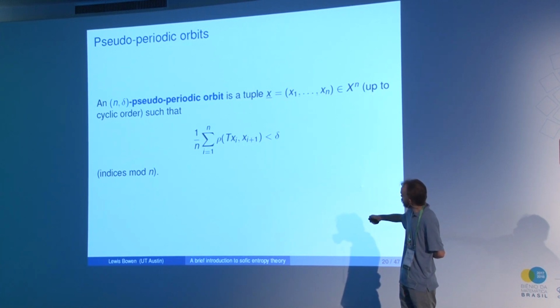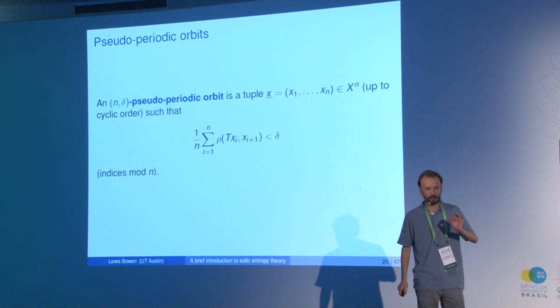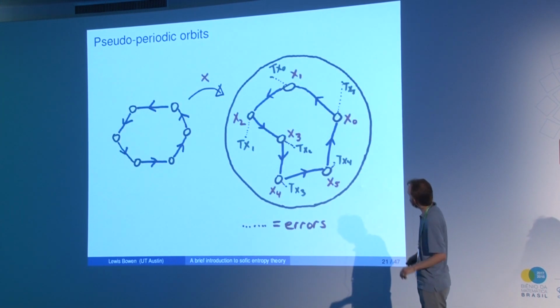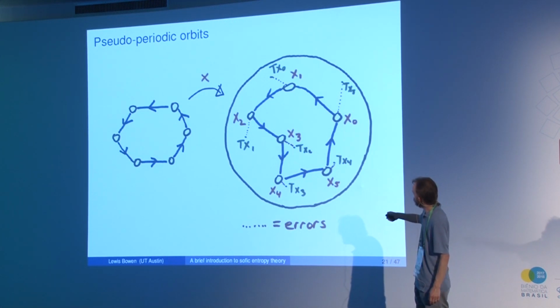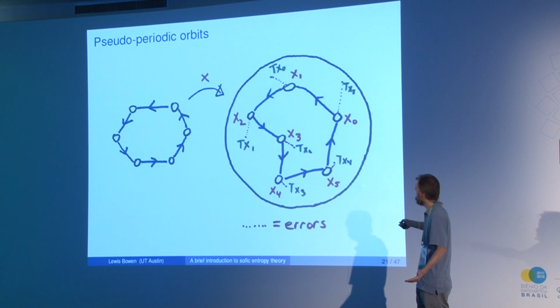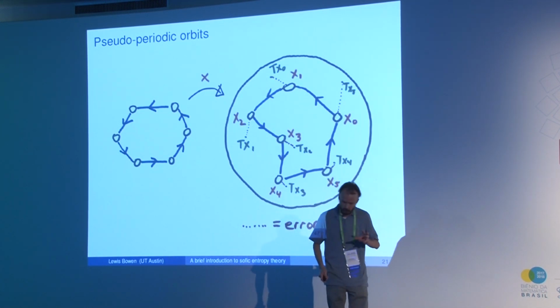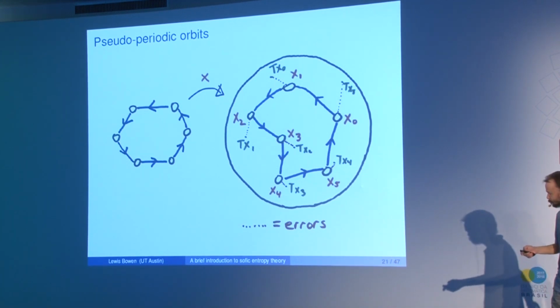And this time we sum from i equals 1 to n, and we take the indices mod n. It's a very small change, okay? We just have a map from the n cycle into our space, and it's approximately equivariant in an average L1 sense.